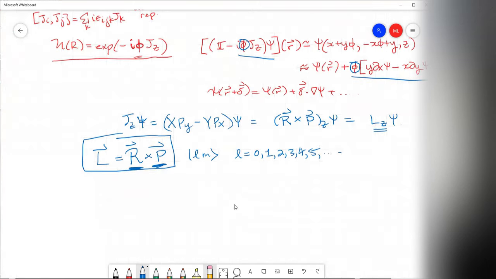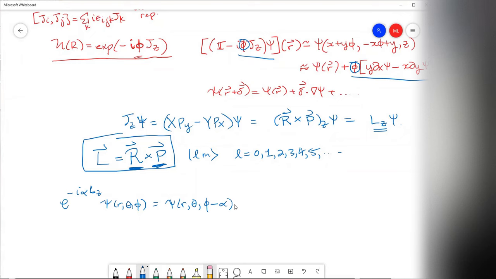Of course, it's easier in spherical coordinates, because if you take e to the minus i alpha Lz acting on psi in spherical coordinates, then what this should do is just rotate the thing around the z-axis. I shouldn't call this theta, because theta is the angle away from the z-axis, so we call it alpha. This should just rotate us like that.